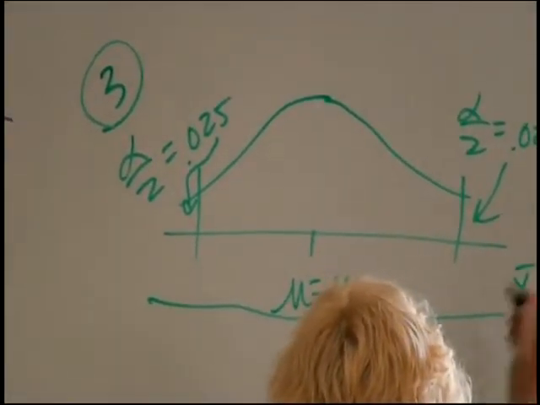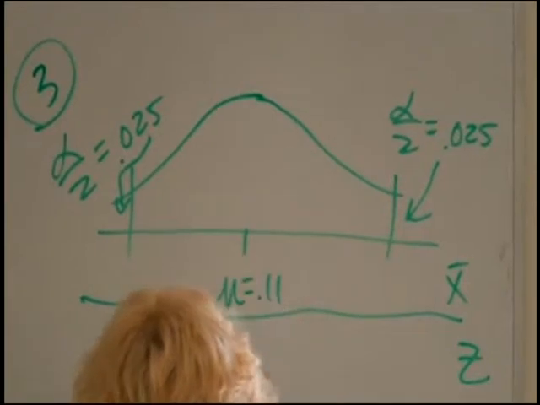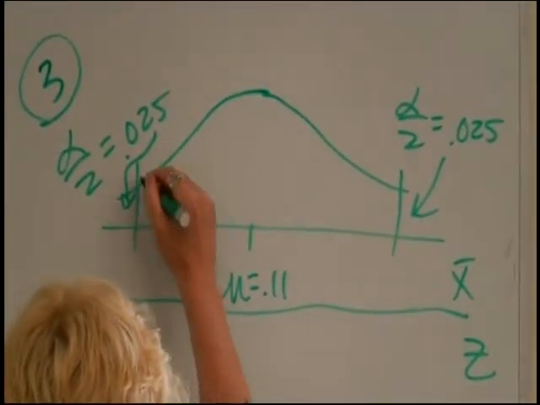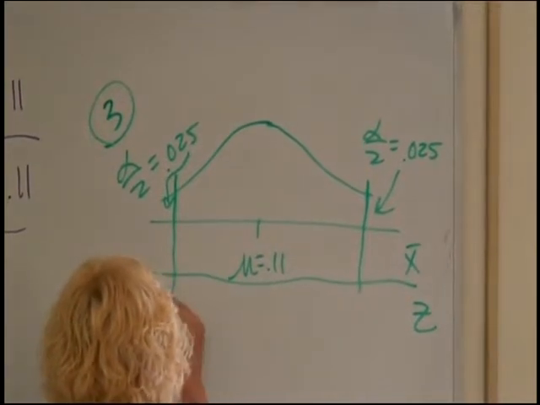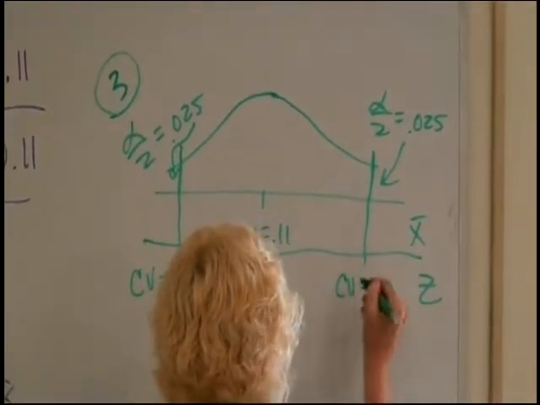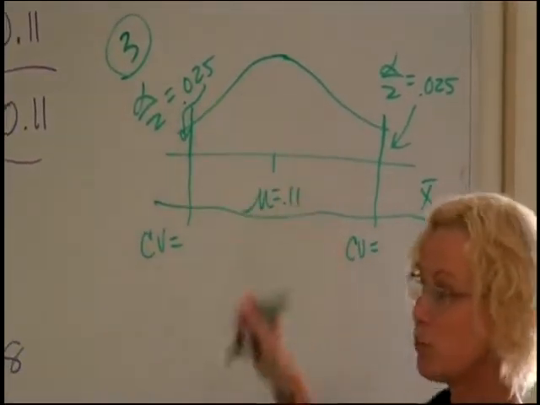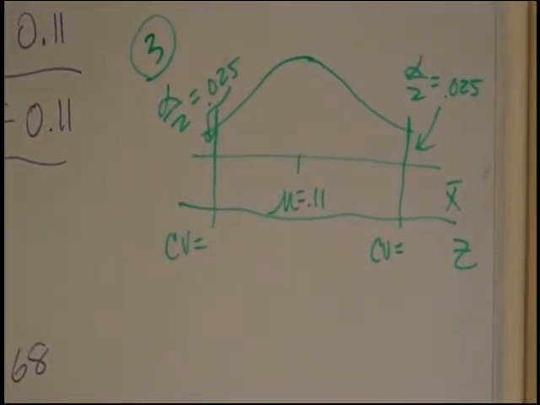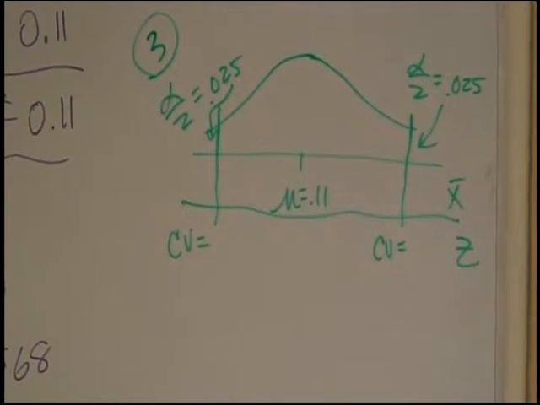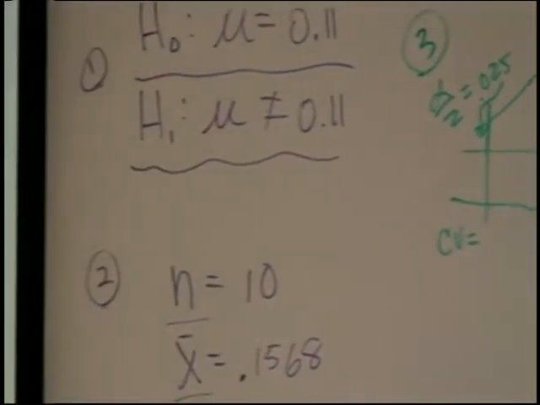So again, that's the distribution of X bar. You're going to look into the distribution of Z. And your critical values, look at 0.025 in a tail in your T table. Go all the way to the bottom. And I've got 1.96. Does that make sense?